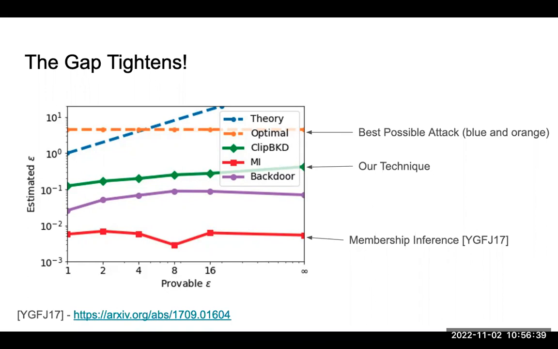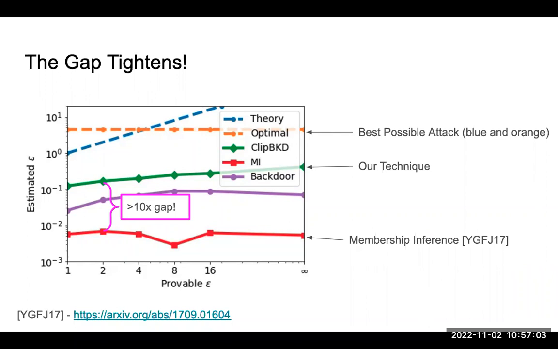And then this blue line here is just y equals x. It's essentially the line where the attack matches the analysis. The closer we get to that, the better. And so for these smaller epsilons, we have a huge improvement over the existing attacks, a factor of 10 in epsilon. So we were in a world where essentially the gap was 100 or more.